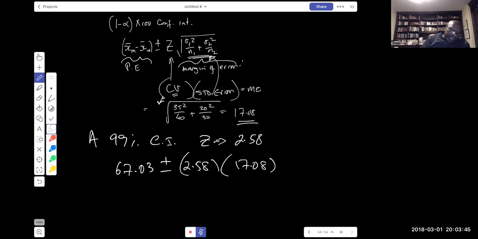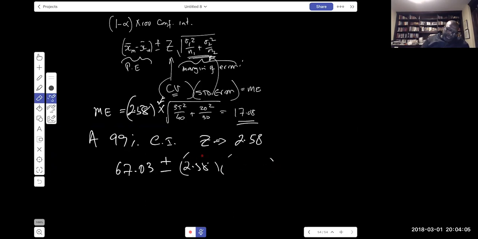That Z value here. So my margin of error is equal to 2.58 times the standard error, and that gives us 17.08. So sorry, my bad, I made a mistake here, in which case I have to remove this, because I have already calculated the margin of error.